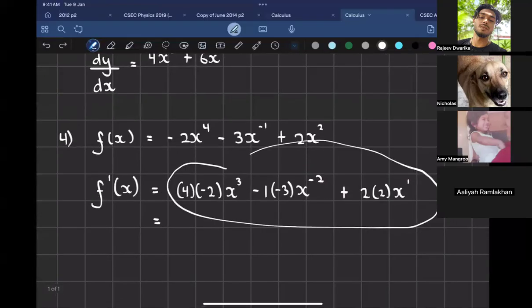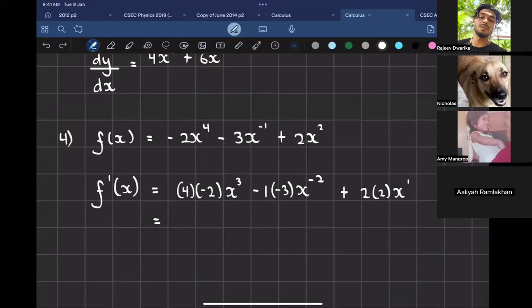They're not going to give you extra marks for this, so we could actually jump straight to the answer. 4 by minus 2 is minus 8x to the power 3. Minus 3 by minus 1 plus 3x to the power minus 2. Last one, 2 by 2 is 4, 4x, take away 1, so 4x to the power 1.